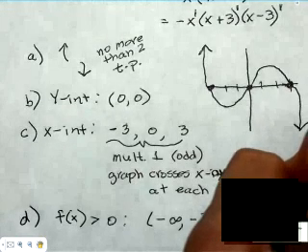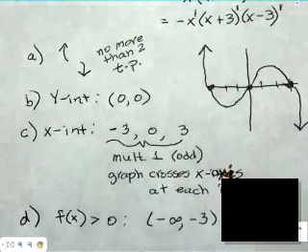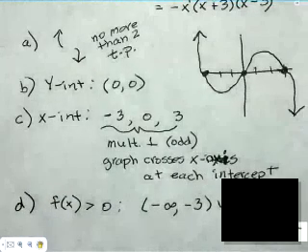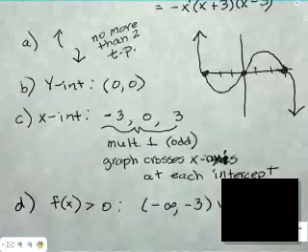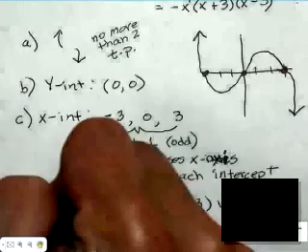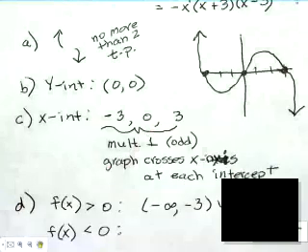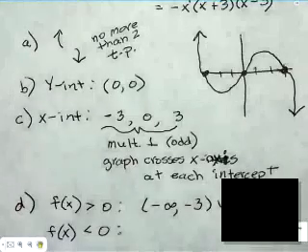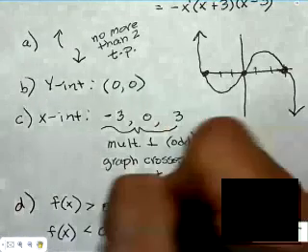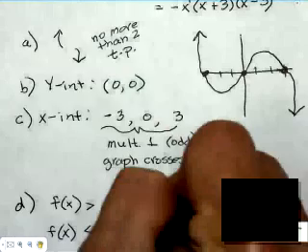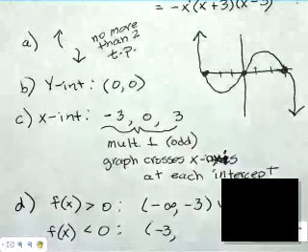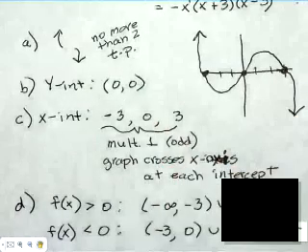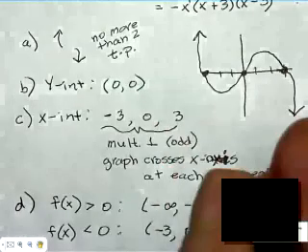Yeah. Anywhere the graph's above the x-axis. And where does that function have negative values? From where x is -3 to 0, and then where? Yep.